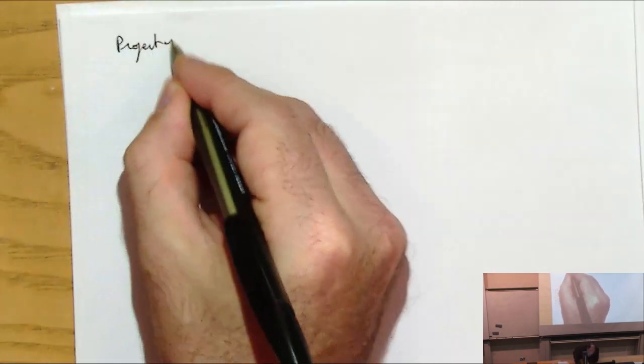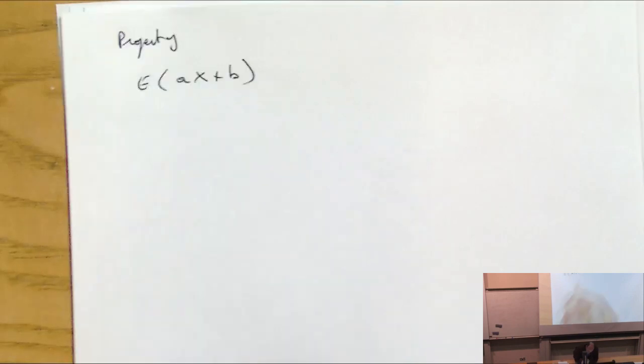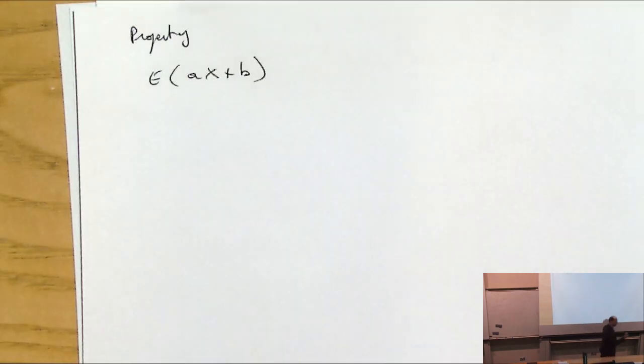So the first property is what's happening if I do AX plus B. So now I have a random variable X, and I multiply it by A, and I shift it by B, right?